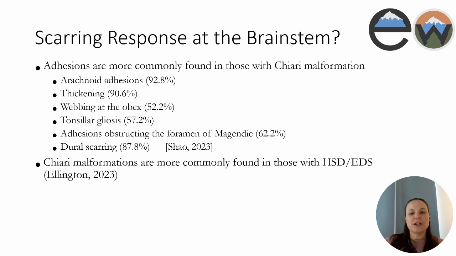So when we're talking about chiari malformation, could a lot of this actually also be a localized tissue inflammatory response that's happening? And I would say for our population, it's something that we at least have to consider, that this could be part of the systemic neurological inflammatory reaction that's happening, because we see this crossover with things of neurological inflammation: adhesions, thickening, webbing, gliosis, scarring.